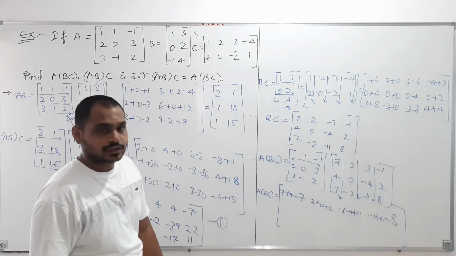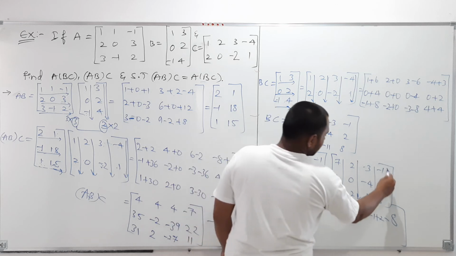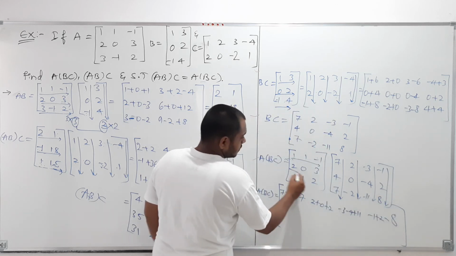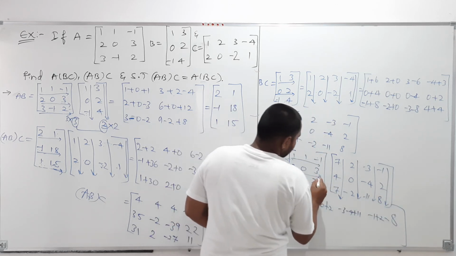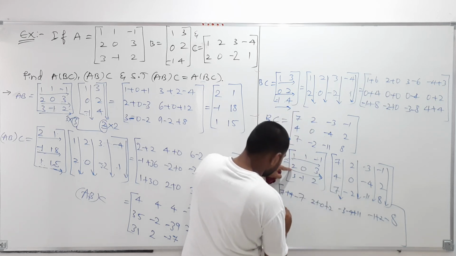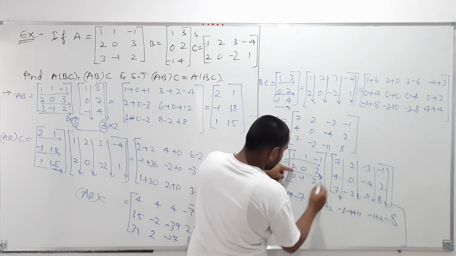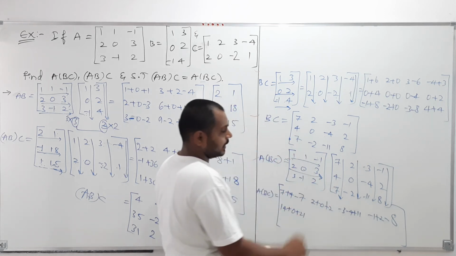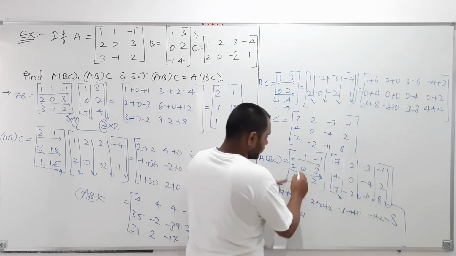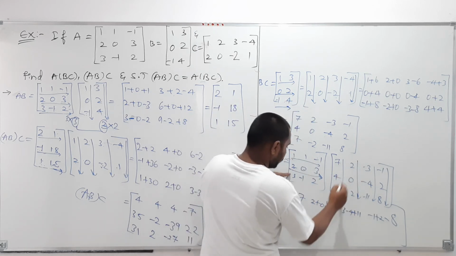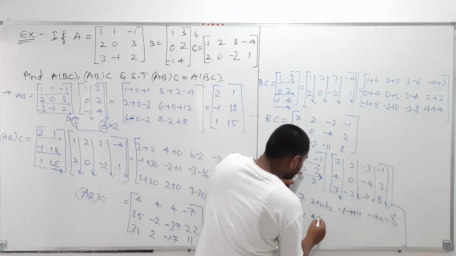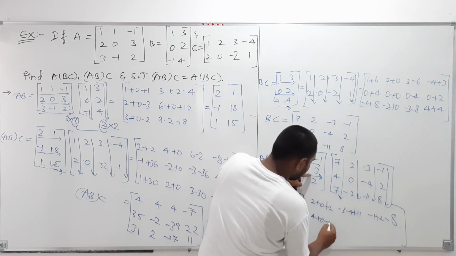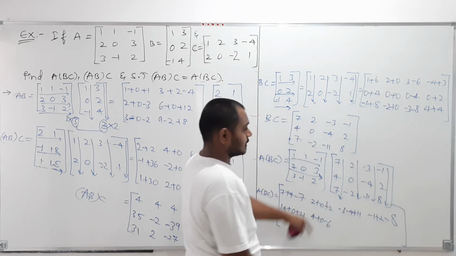Clear, my dear students? And next, that is second row first column, so 2 into 7 is 14 and plus 0 into 4 is 0, plus 7 3s are 21. Clear? Next second row second column, 2 2s are 4, plus 0 into 0 is 0, minus 3 2s are 6.